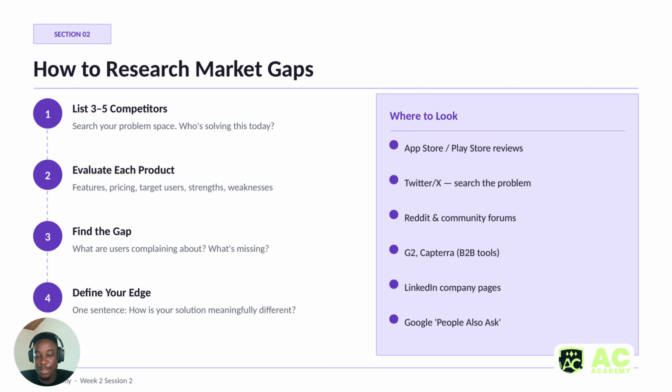Let me show you a quick example. Say you are building a budgeting app for young professionals in Ghana. You look at something like Carrywise. It's great for savings, but no daily budgeting. Then you look at Mint.